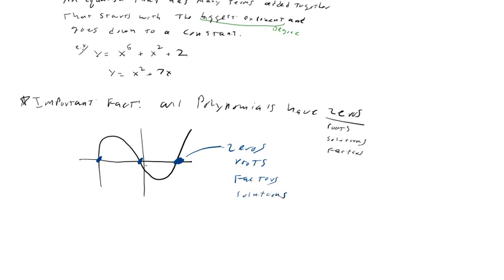These places where it crosses the x-axis, these are those roots. And all polynomials have these. All polynomials have zeros, or roots, or factors.